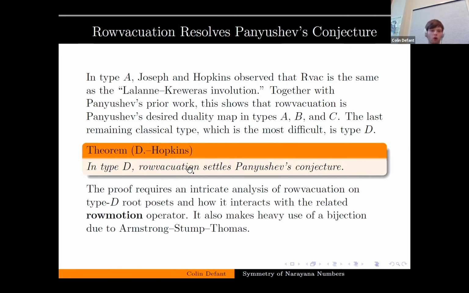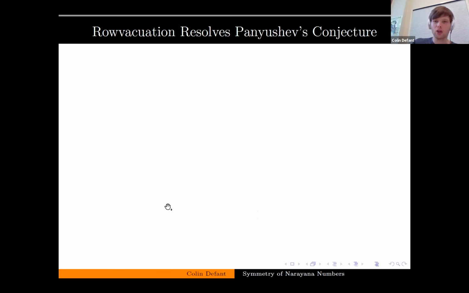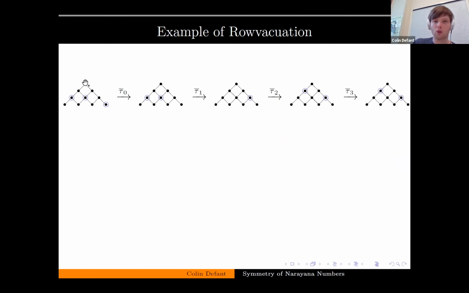And the proof of this requires an intricate combinatorial analysis of how this Rowvacuation operation interacts with a similar operation called Rowmotion. Rowmotion is basically what you get if you did one run through here and you just stopped. You just did one run through where you toggle the elements of rank 0, then 1, then 2, all the way up to the maximal rank, and then you just stop. That's Rowmotion.